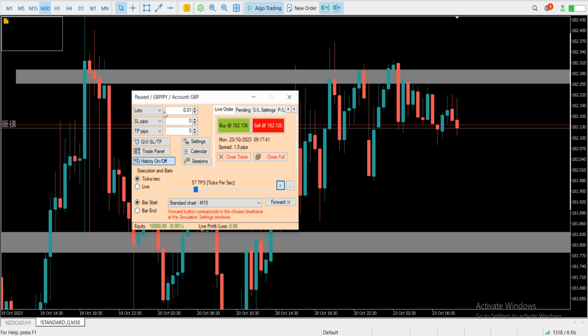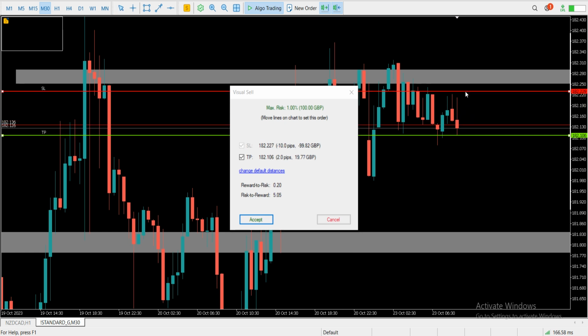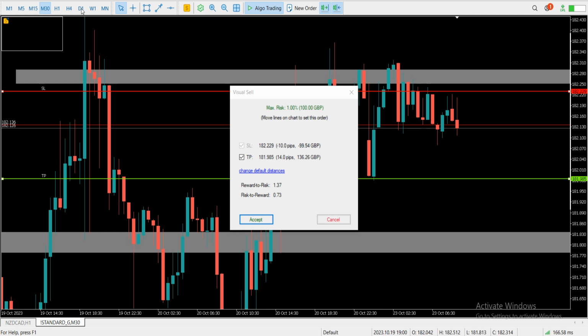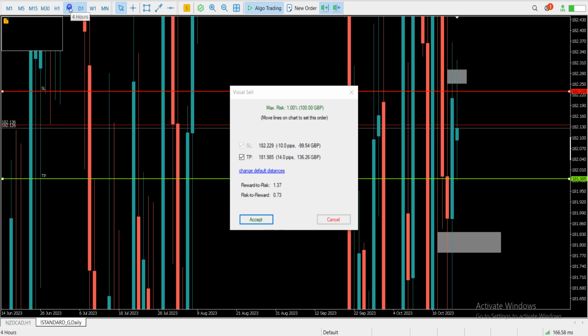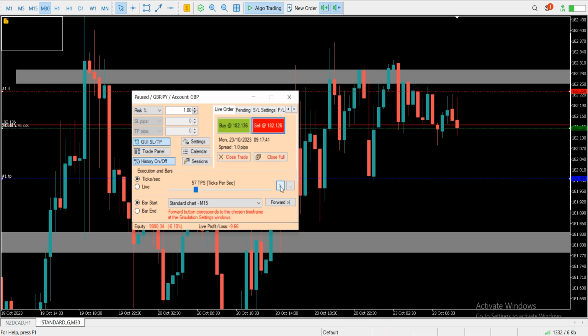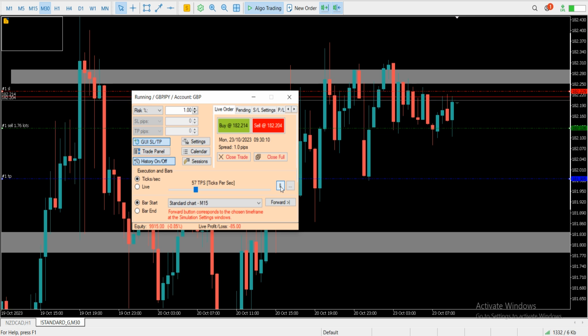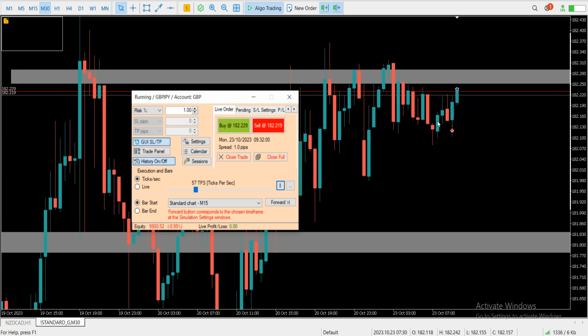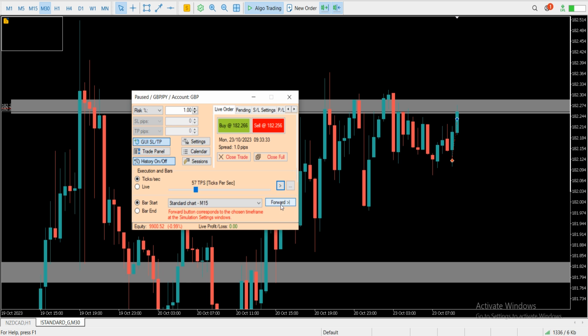Right there, let's execute a sell trade, aiming for maybe 1 by 1, because overall the daily is bullish. I'm just aiming for 1 by 1. If this trade was aligned with the daily, then I would have aimed for maybe 1 by 2, 1 by 3. Okay, and the candle turned bullish. Okay, stop loss it. Never mind.